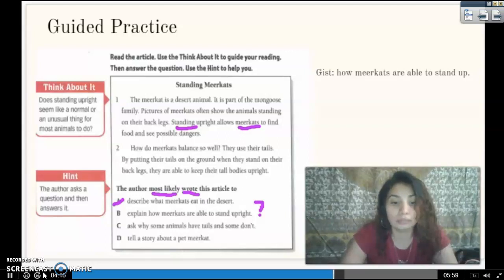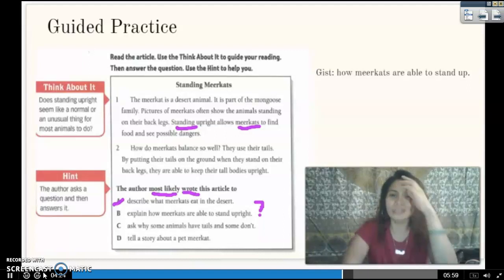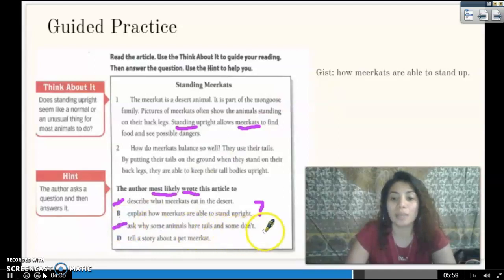C. Ask why some animals have tails and some don't. Is that why the author wrote this? I don't think so because it only talks about the meerkat, not any other animals. So C is not my answer. D. Tell a story about a pet meerkat.